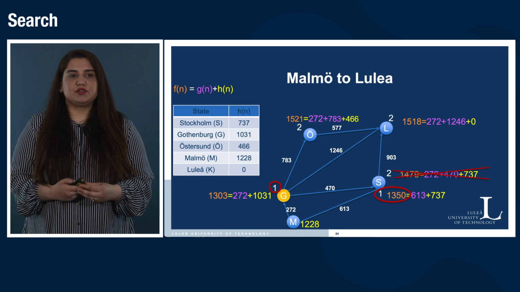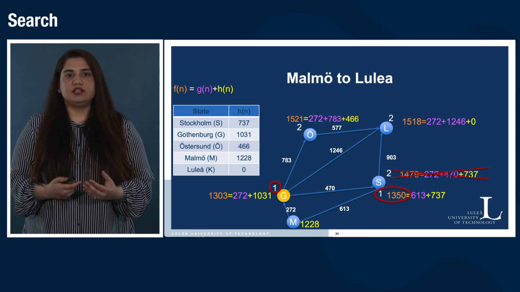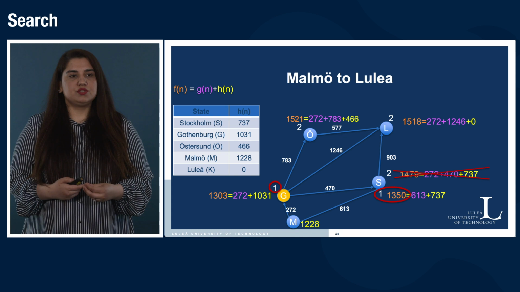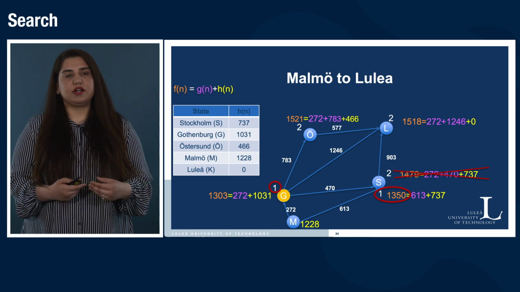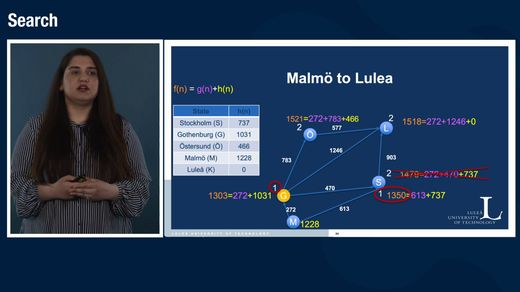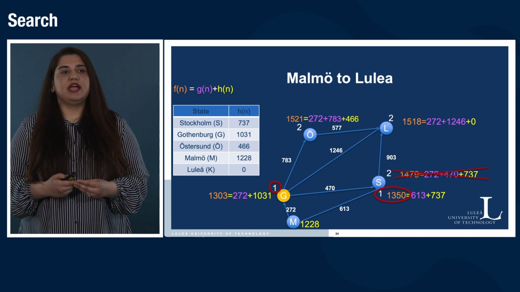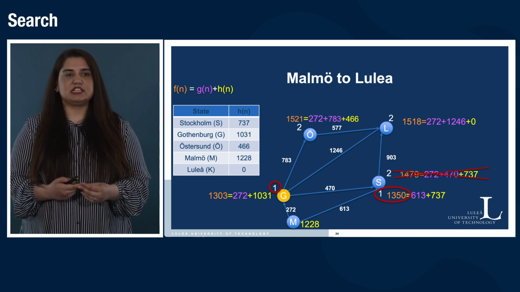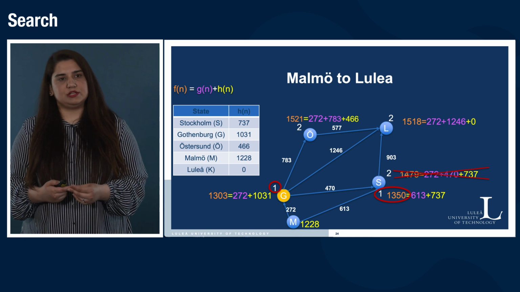The other edges you can see we have cost computed similarly. While reaching Östersund, we have again 272 Malmö to Gothenburg, Gothenburg to Östersund, and then adding the heuristic value of reaching Östersund, 466, we get 1521.